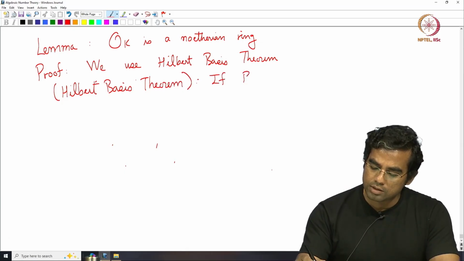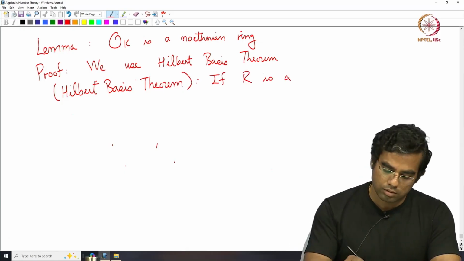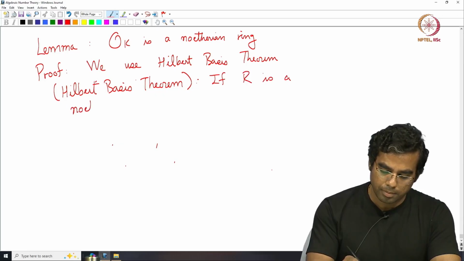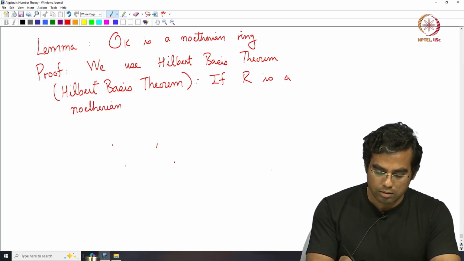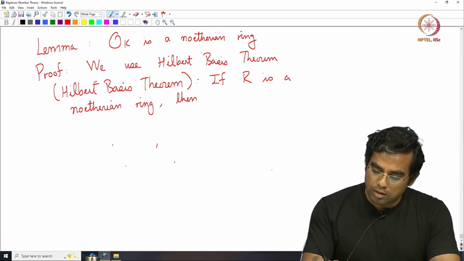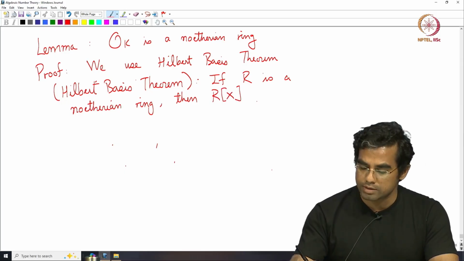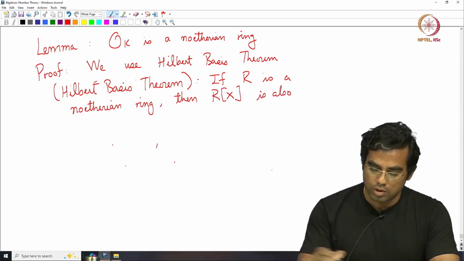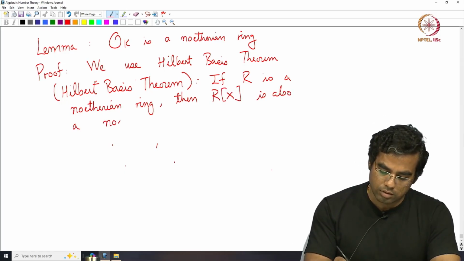If R is a Noetherian ring, then the ring of polynomials in one variable over R, R[x], is also a Noetherian ring.